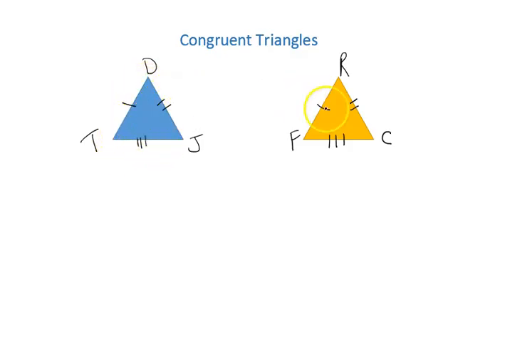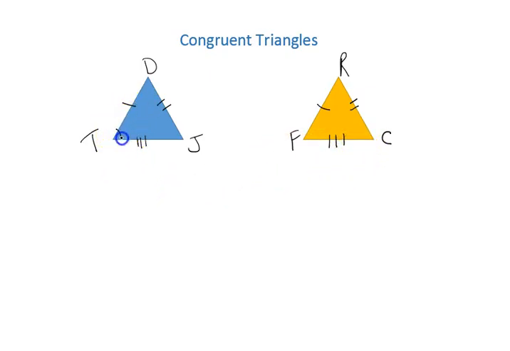But I've marked all three of these differently because we don't know the measurements here on these triangles. We haven't measured them, so we can just make that assumption to begin with that they might be all three different lengths. But again, those marks match up with their partners in the other triangle.